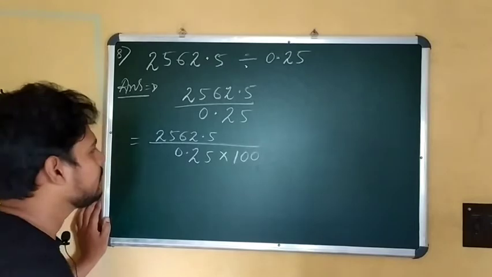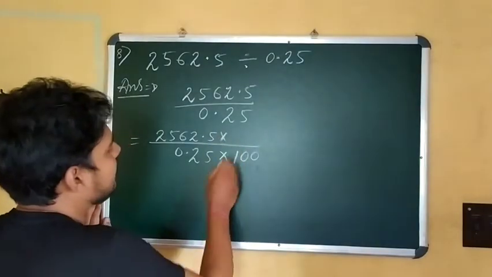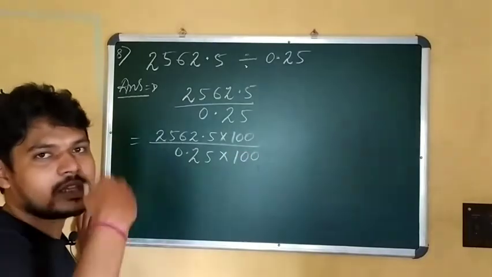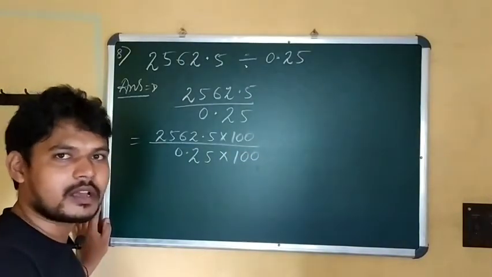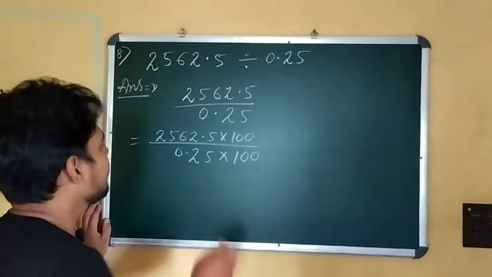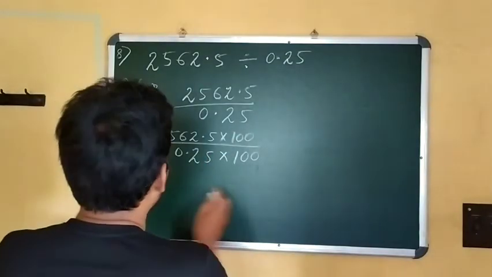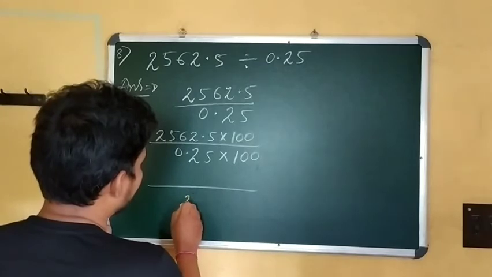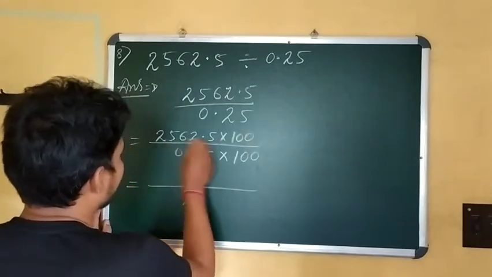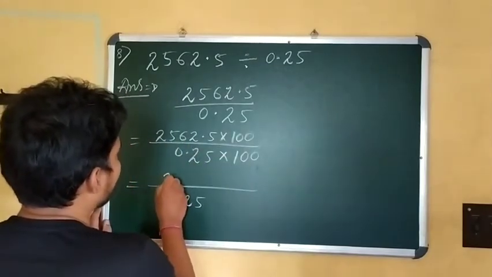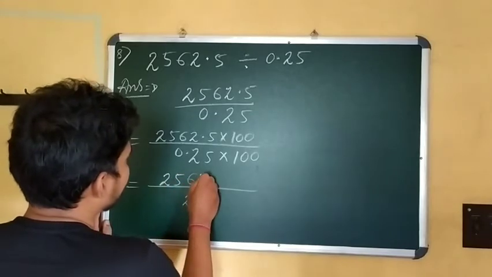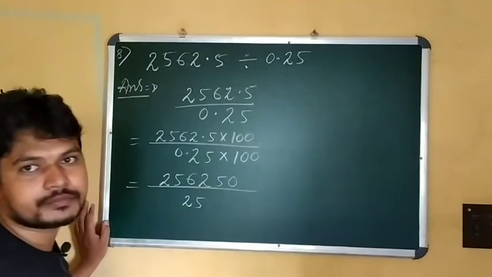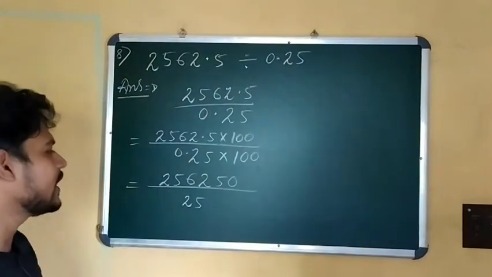Also you have to multiply the numerator by 100 to convert this number into an equivalent fractional number. Okay, equivalent fraction. Now what happened? After multiplying, we get 25 at the denominator and 256,250 at the numerator. Okay, now you divide this.